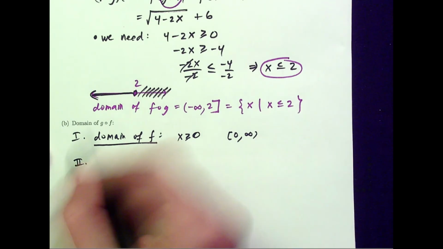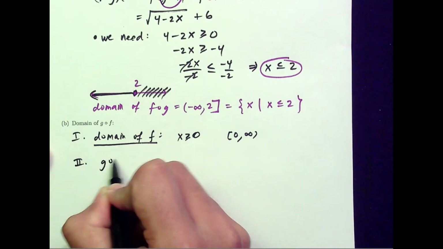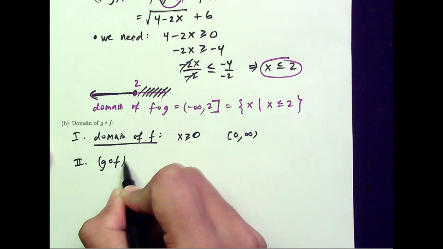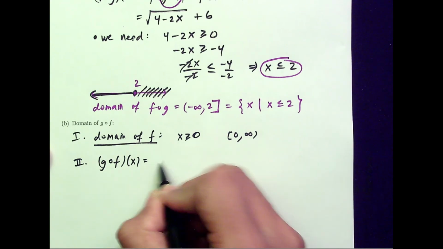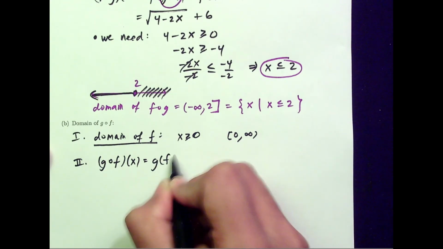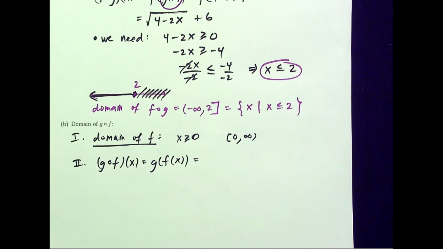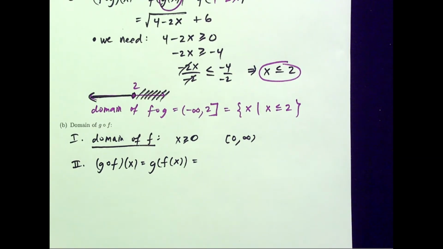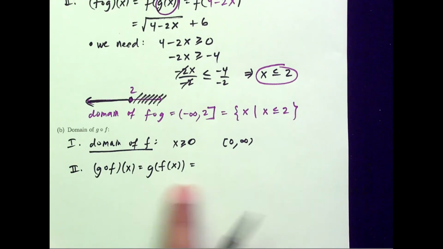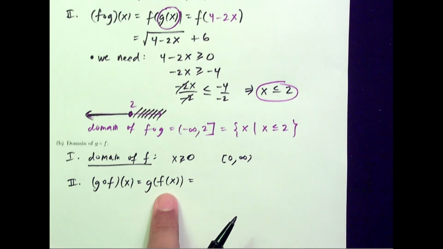Now we're gonna figure out what this is. G composed with f evaluated at x, which is nothing but g parentheses f of x. We're gonna simply figure out what that is, simplify it, and then find the domain of the resulting expression, the natural domain of the resulting expression. All right.